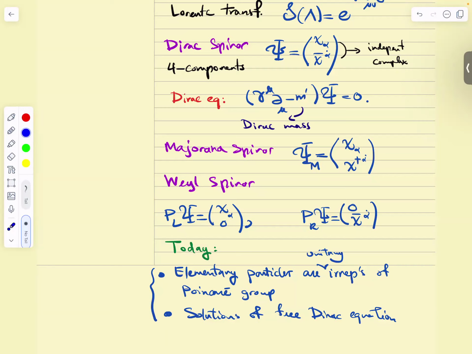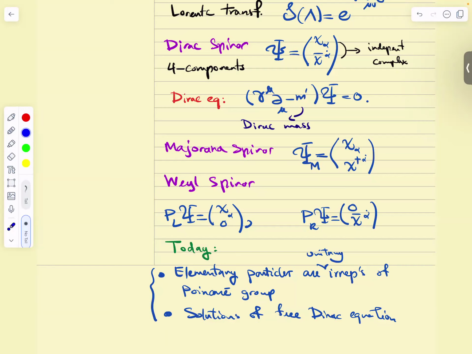Second, if we have time, and I'm hoping we do, we're going to go through the solutions of the free Dirac equation. You'll notice two important things. You're solving an equation for vectors that have four complex components.